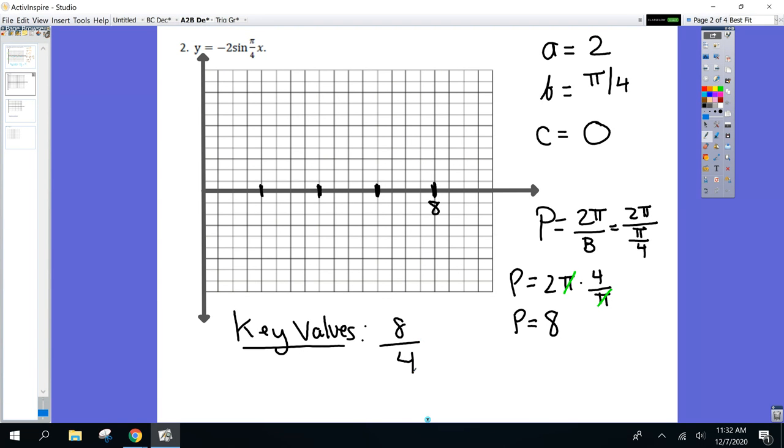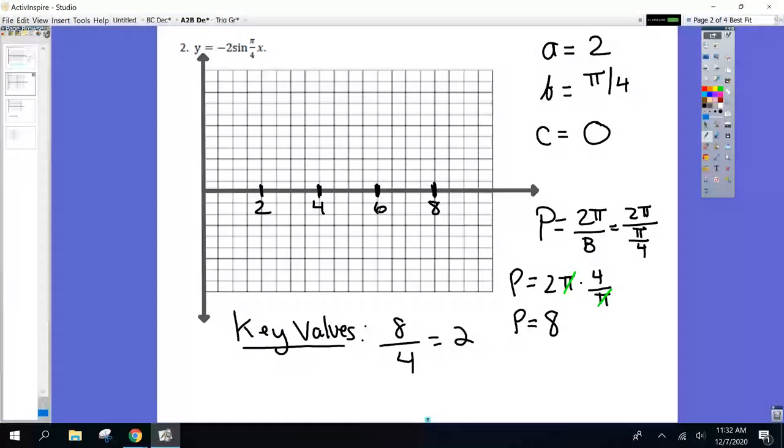Yep. So that means every tick mark, I'm going to go up by what, Will? 8 over 4? 2. Yep. So I start with 2. What's the next one going to be? 4, then 6, then 8. And that's where I should have ended it.